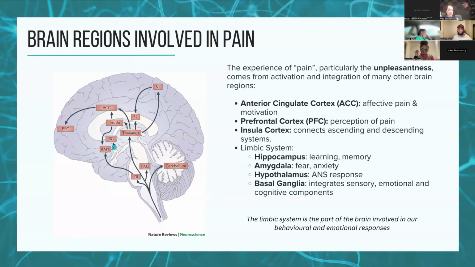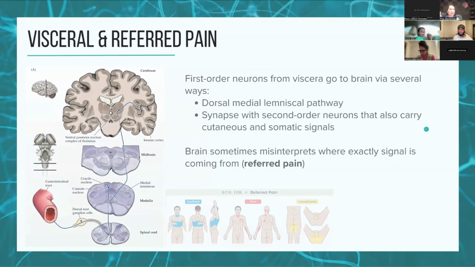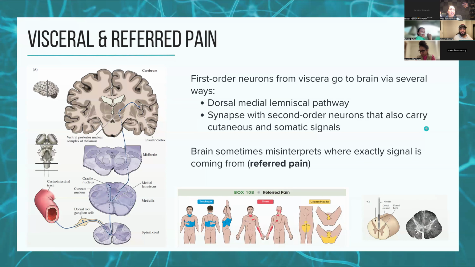Your hypothalamus is involved in your autonomic nervous system response, so your heart rate and your blood pressure going up, and your basal ganglia as well, all involved in the emotional and behavioral responses that we have to pain. And all of this together gives us our experience of having pain. It's really interesting. And that's why I call it the pain matrix, because it's not just a pathway. It really is this massive matrix of neurons that inform our pain experience.